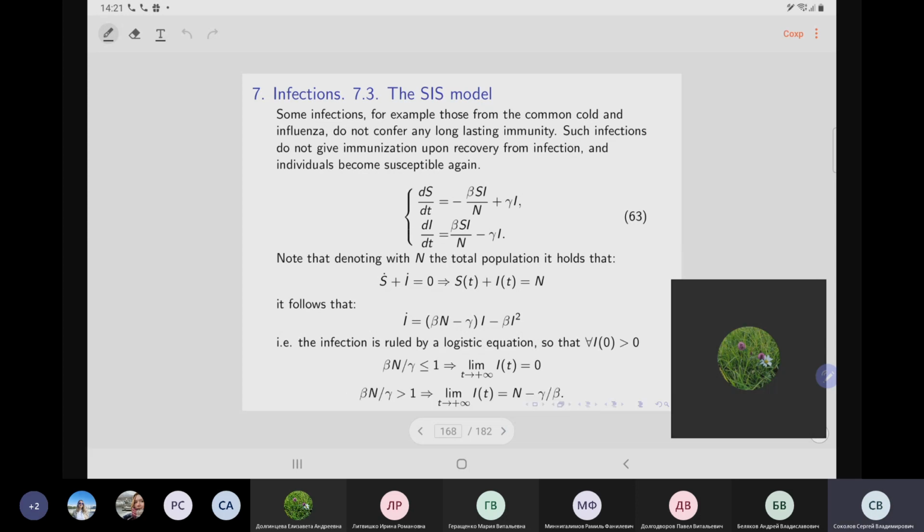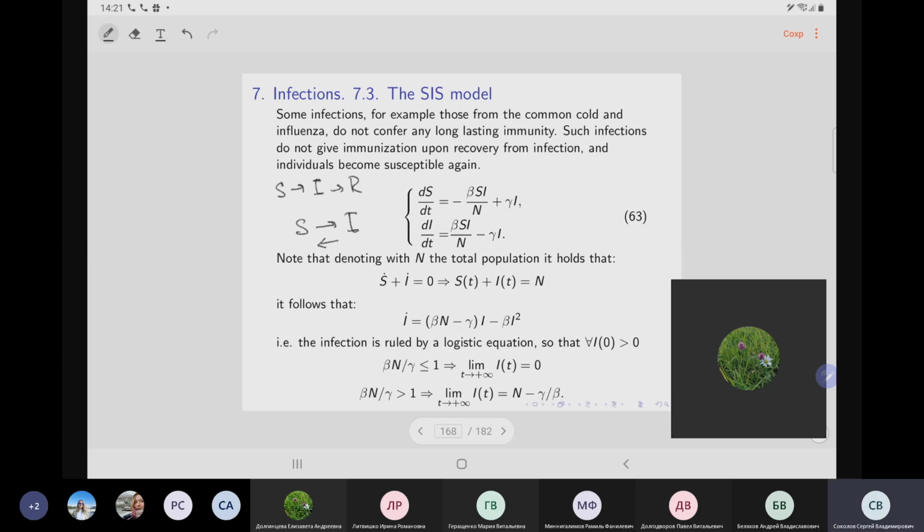What is next? There is another model, the SIS model, meaning that the infected do not become immune. So if for the SIR model they were going from susceptible to infected to recovered, here after the infection they become susceptible again.